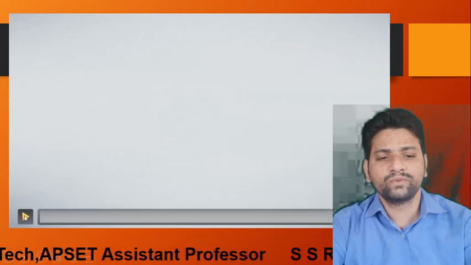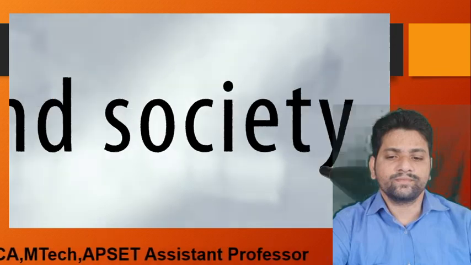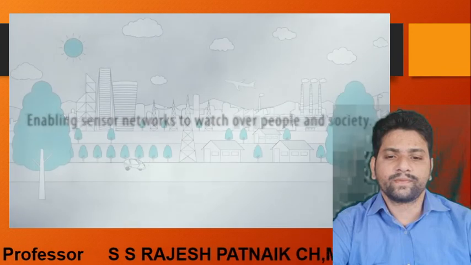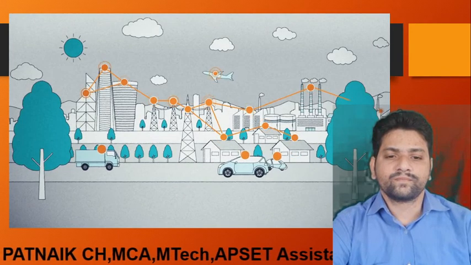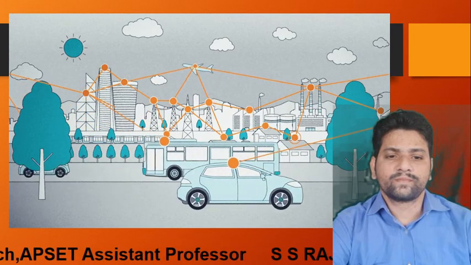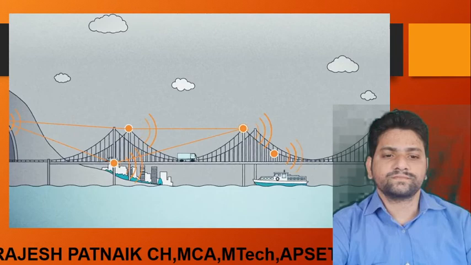Wireless sensor network. Toshiba's technology enables sensor networks to watch over people and society. Connecting together urban functions, a wireless sensor network allows nodes to communicate with and control one another. It can be used to monitor infrastructure such as bridges and tunnels.